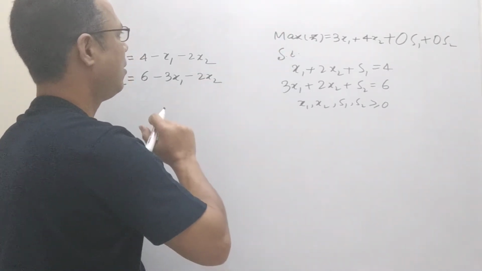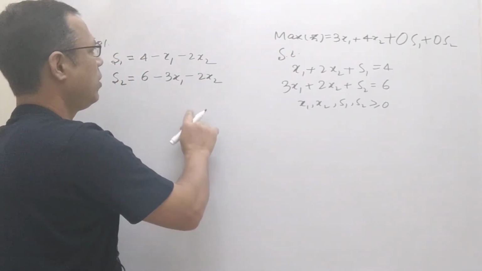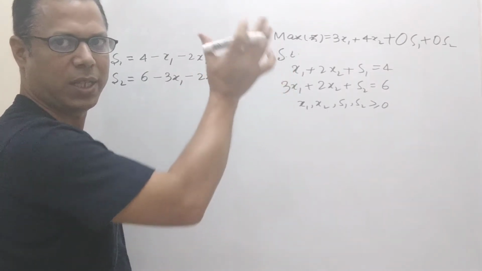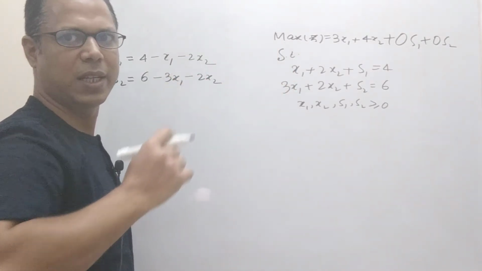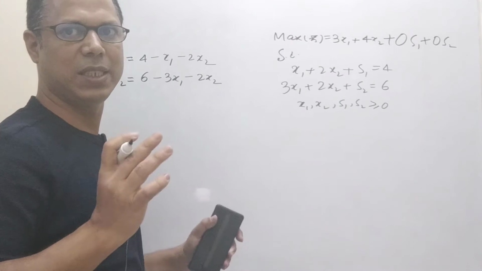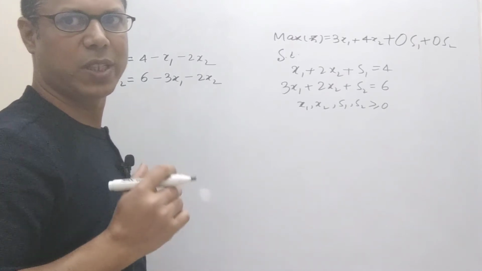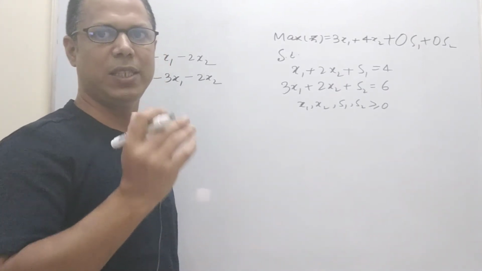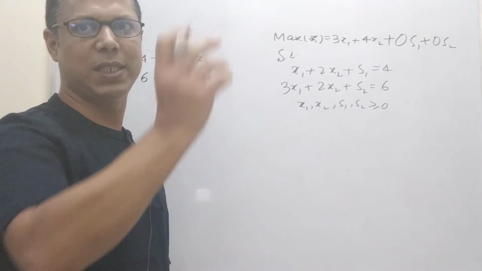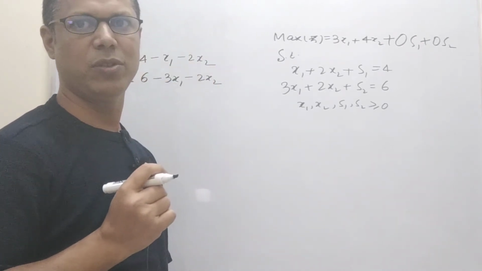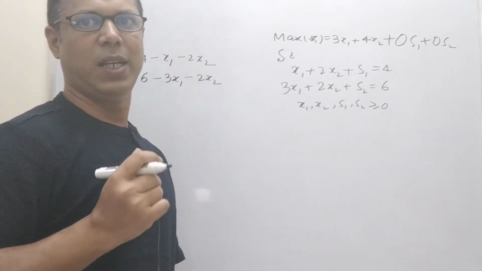So what the simplex method says, first we need to check which variable is going to enter into the basis, because in the simplex method we need to find Cj minus Zj, and out of all the Cj minus Zj values we need to find the largest positive value, which gives the key column.